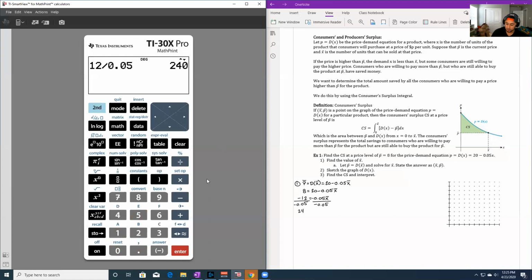So 240 equals X bar. This means that our point, which we need to state as a coordinate, X bar, P bar, is going to become 240, 8.